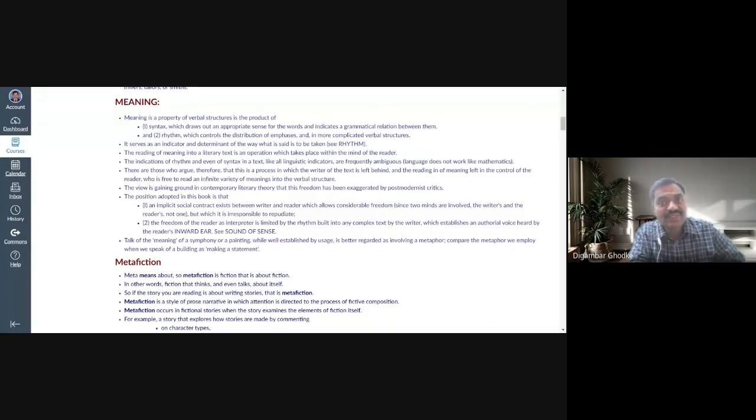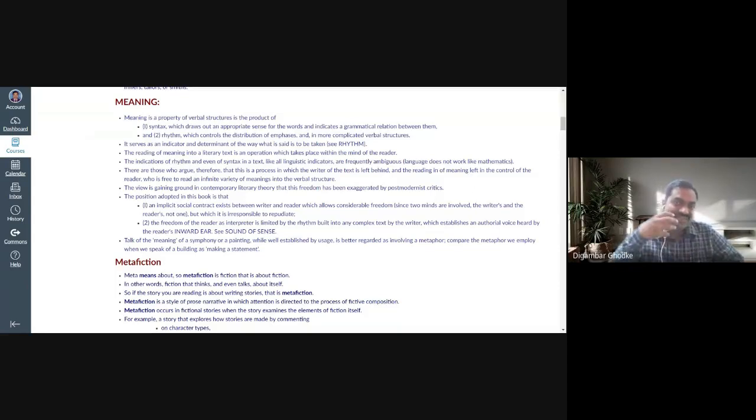But there is a problem in understanding that freedom, as it is kind of irresponsible. It may come up with any kind of interpretation, and the freedom of the reader as interpreter is limited by the rhythm built into any complex text by the writer.